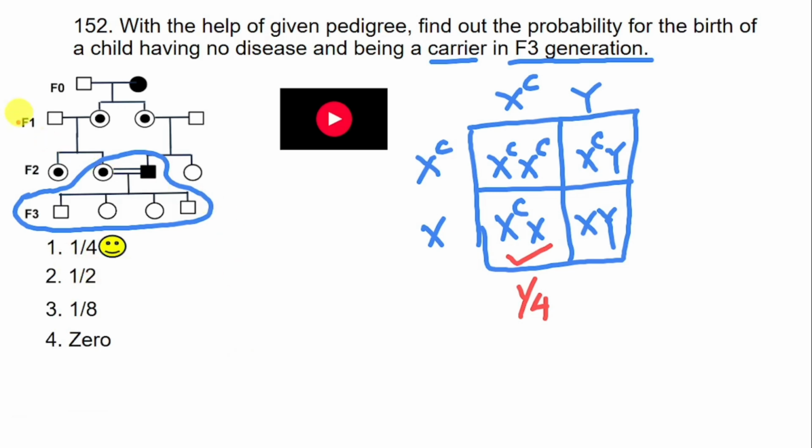Everything else was just to confuse you, to cause anxiety in you. You will have to read the question carefully and focus only on what is asked. This was actually a very simple question, but it was designed in such a way to cause anxiety in students. Okay, next one.